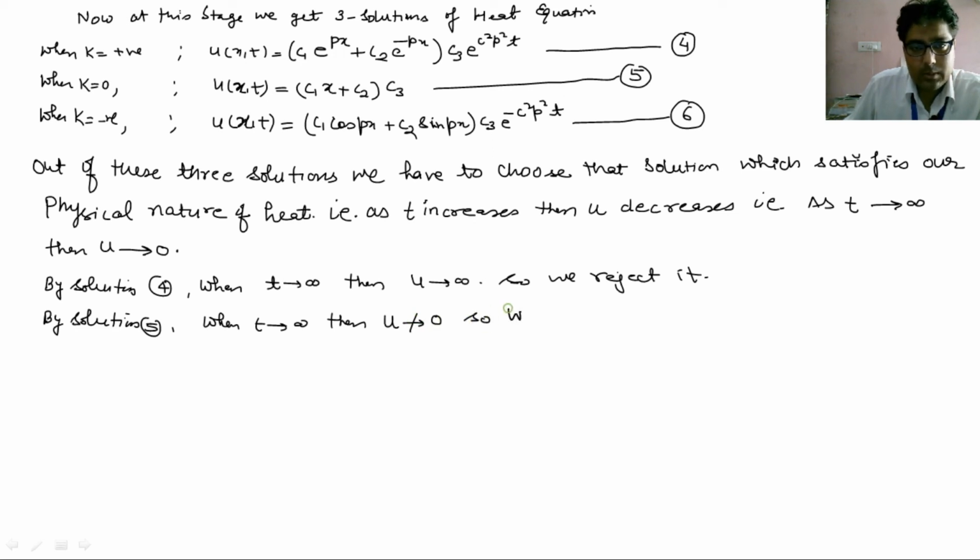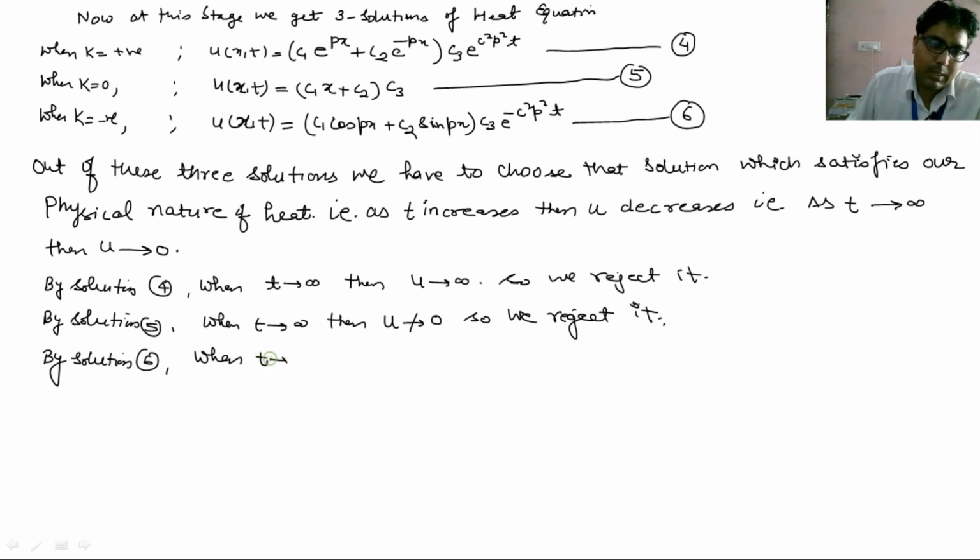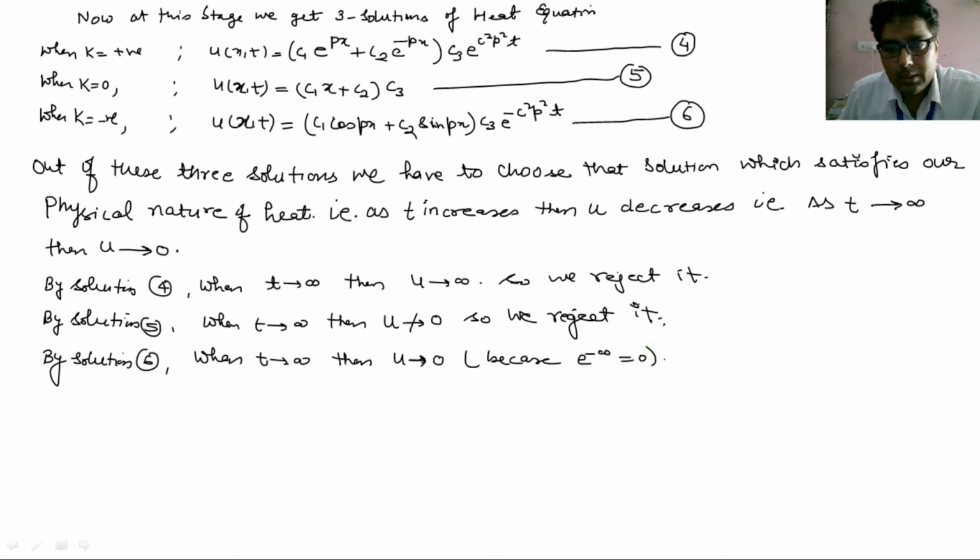So we reject it. Rejected. Clear? Again, by the solution given by equation 6, when t tends to infinity, then u tends to 0, because e to the power minus infinity is equal to 0. Clear?